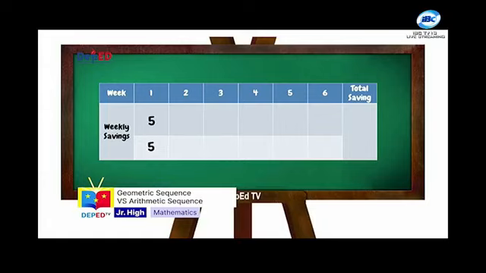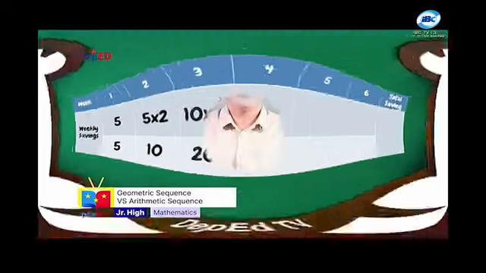Since we started with 5 pesos for the first week, for the second week, you have to save 2 times 5 pesos. So that's 10 pesos for the second week. From 10 pesos, how much should you save for the third week? Yes, that's right. That's 10 times 2, which will give you 20 pesos for the third week.